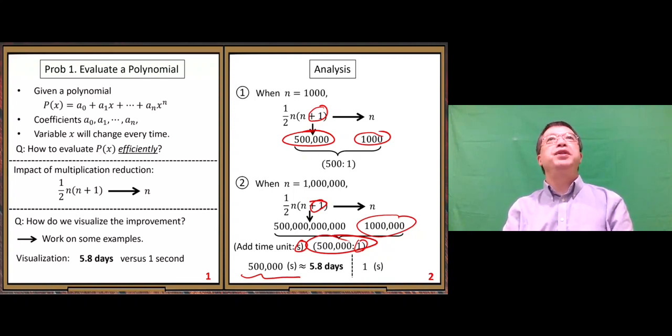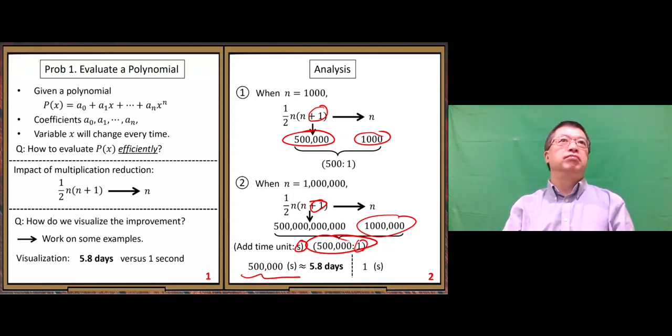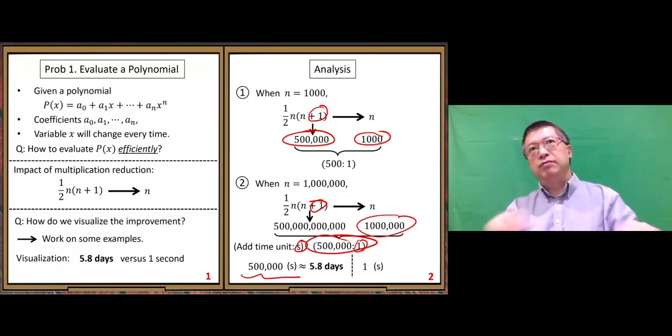Now, tell me the impact of efficient algorithms. You can see the conclusion is that the impact of efficient algorithms is huge. Okay, all right, so that's part B.1.